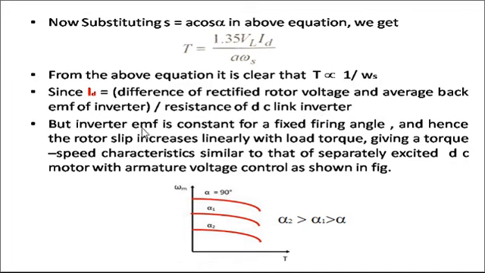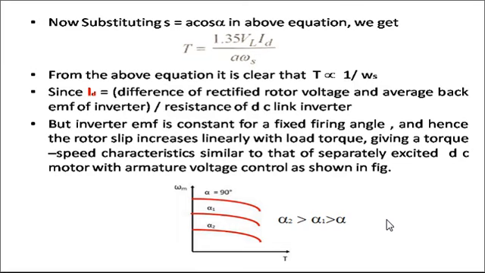But the inverter EMF is constant for fixed firing angle, and hence the rotor slip increases linearly with load torque, giving torque speed characteristics similar to that of a separately excited DC motor with armature voltage control.